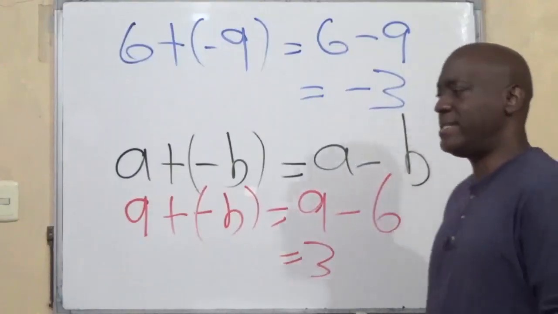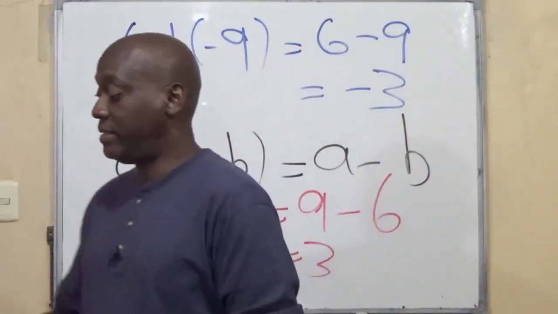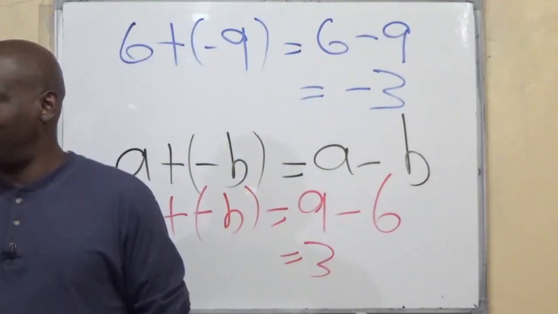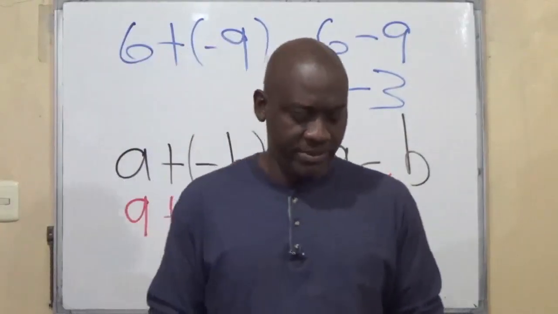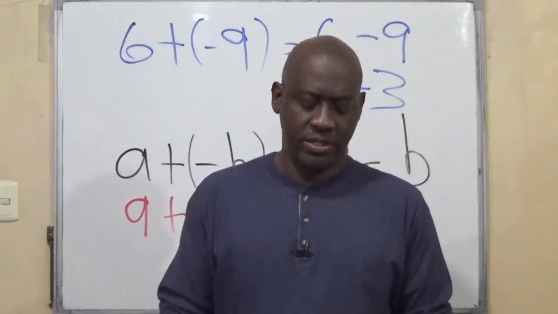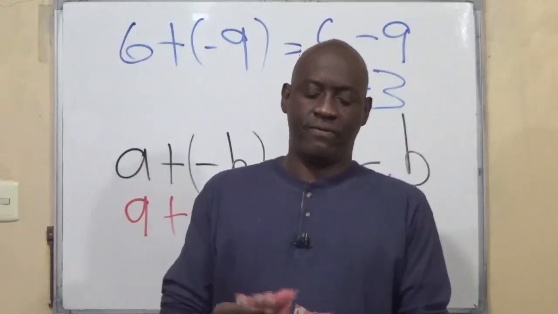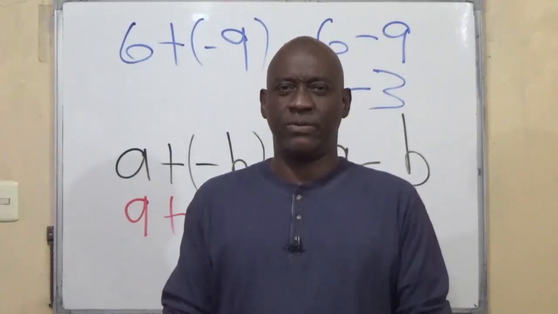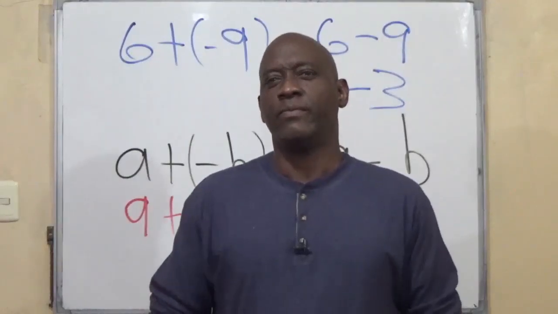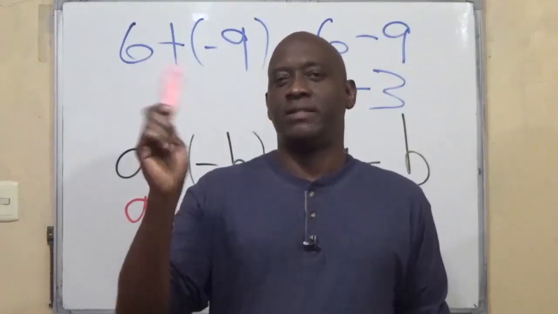Let us say in this case that you're starting off with a debt of $9, a deficit of $9. Let me count here. 1, 2, 3, 4, 5, 6, 7, 8, 9. So you have a deficit of $9.